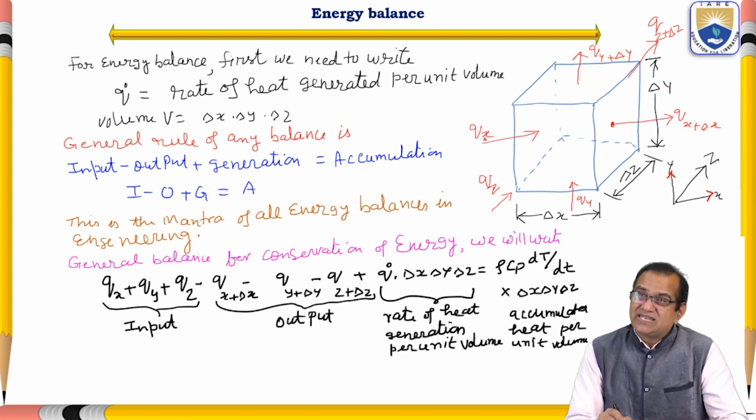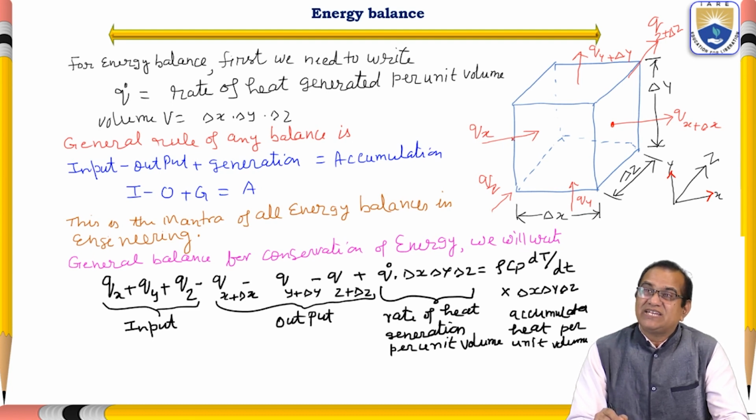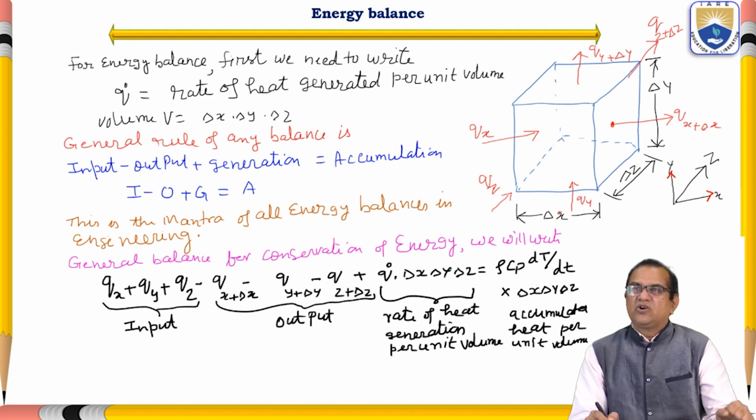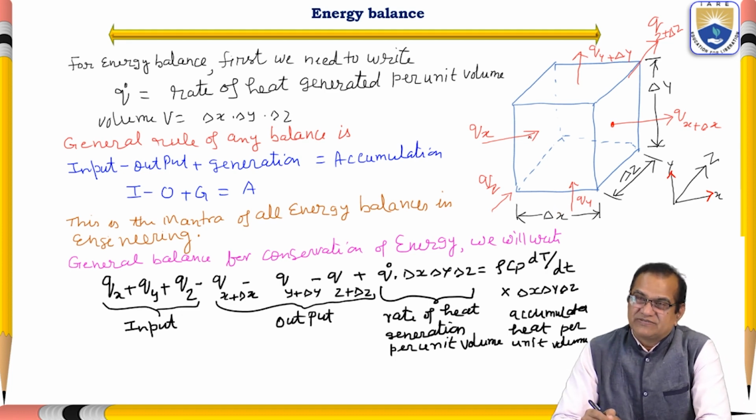So always the area to be considered is perpendicular to the direction of the heat flow, not in the direction. That will be very important. So here it is entering Qx, leaving Qx plus delta x.